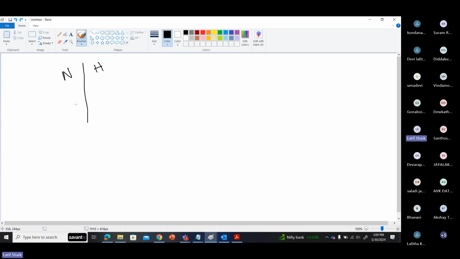For example, the network portion is one and host portion is one; network portion one, host portion two; network portion one, host portion three. All these three devices belong to the same network, and the host identity will be different.